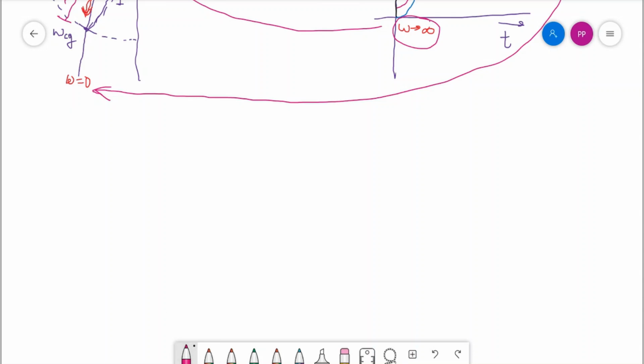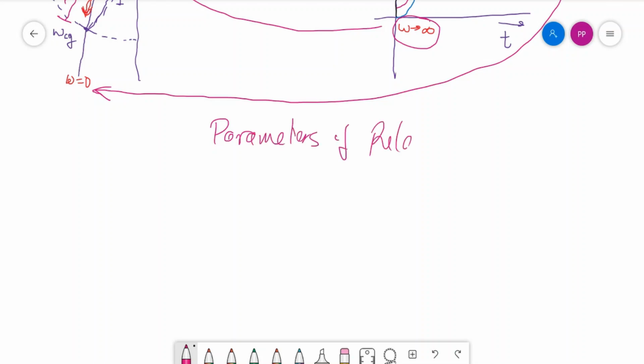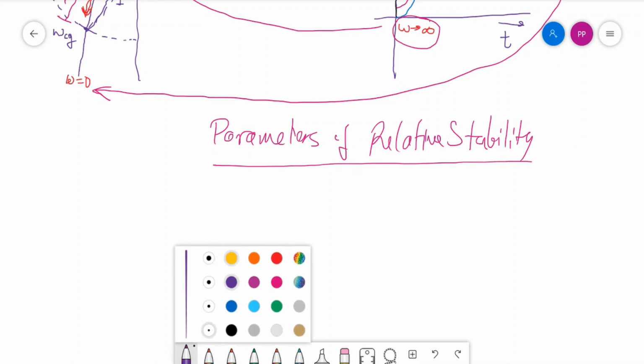So the parameters of relative stability. What are the parameters of relative stability? Let us check one by one.